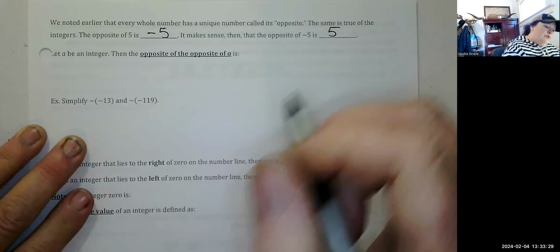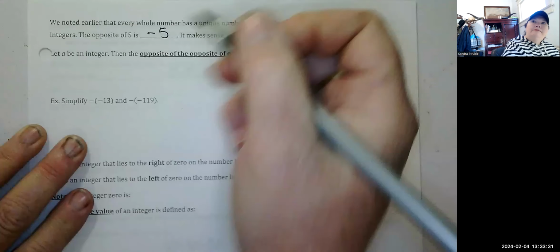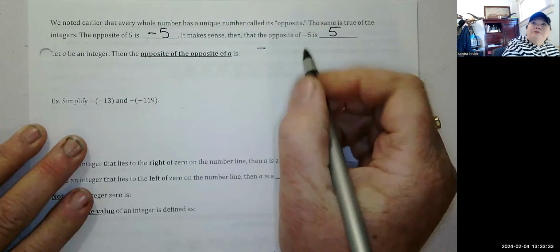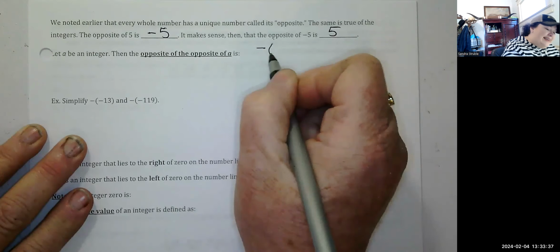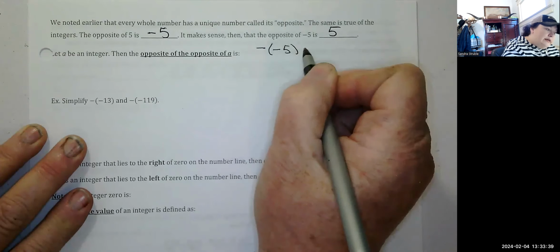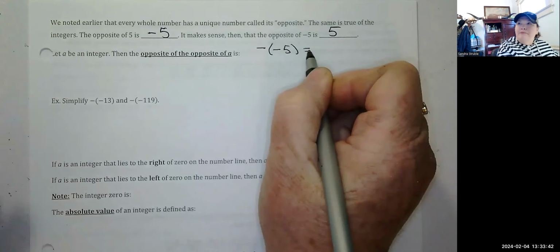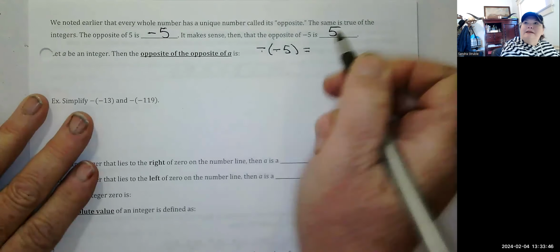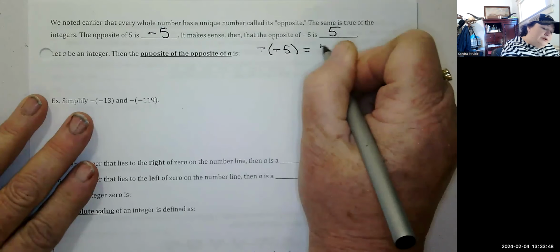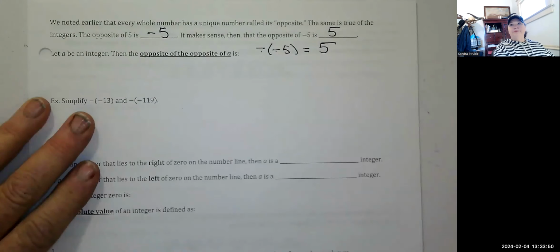Using the language of math, the opposite of -5 is positive, so it's just 5.